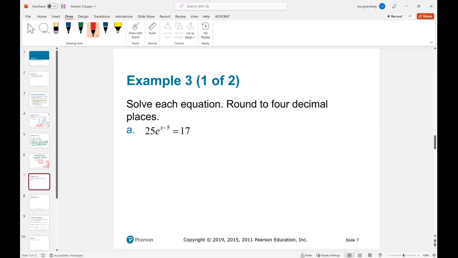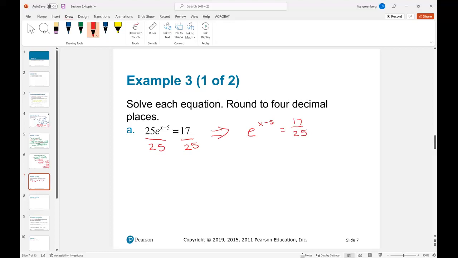But I don't want to use my log rules first. What I want to do first is just get e by itself. So the first thing I want to do is divide both sides by 25, because that way I have e to the x minus 5 equals 17 over 25.